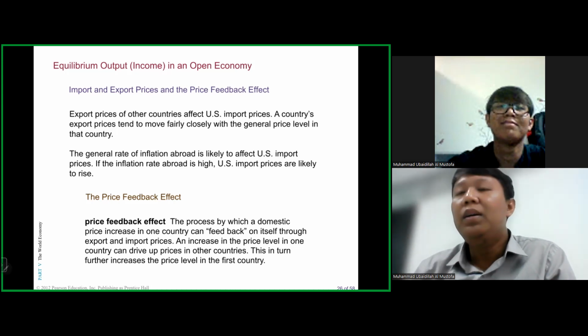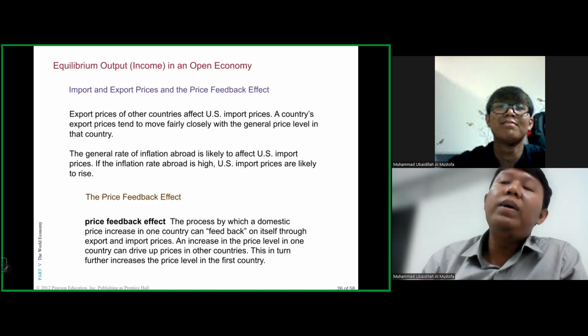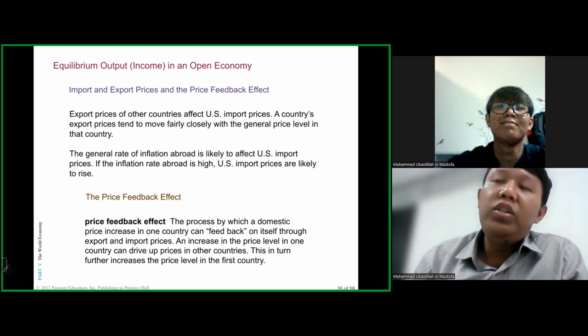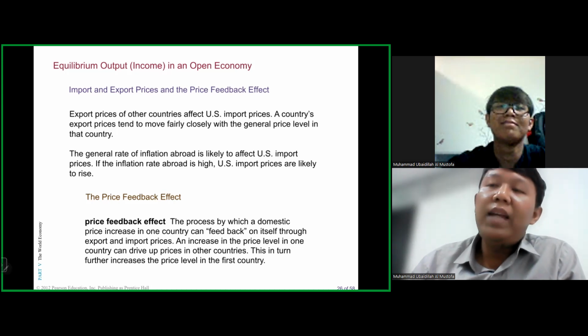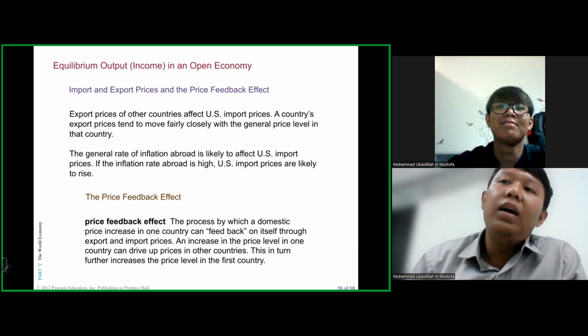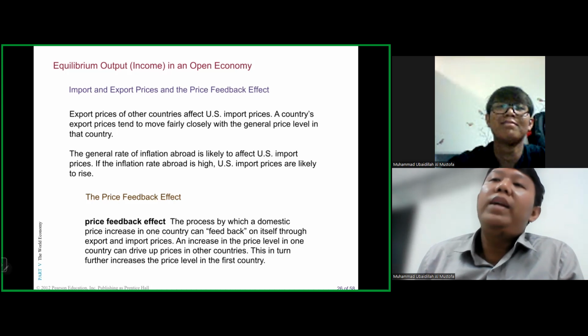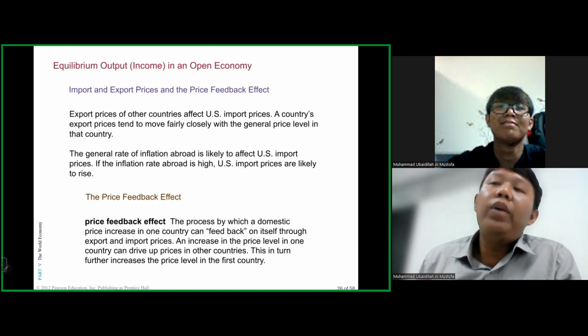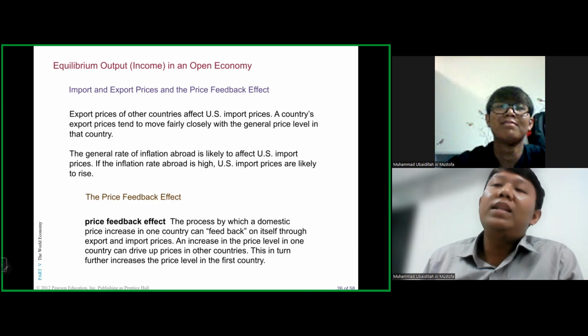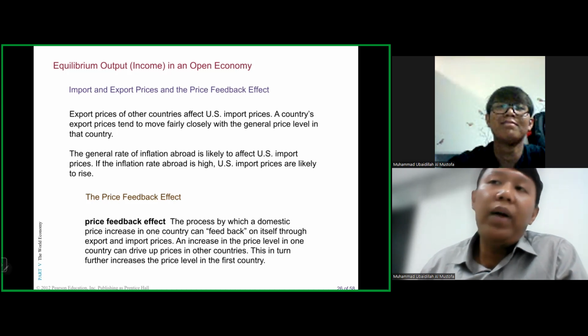Imagine, for example, we are importing raw materials from China, and suddenly China has inflation. So those products coming from China become more expensive because they are now selling at a higher price.